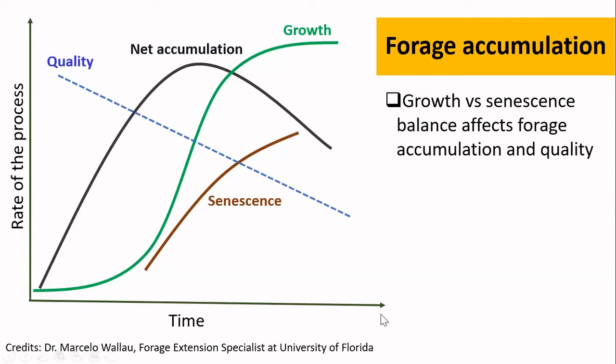So this graph represents time on the x axis, and on the right axis we have rate of the process. And here we have quality, net accumulation, growth, and senescence. Each one of them has a different color, representing what's happening over time.